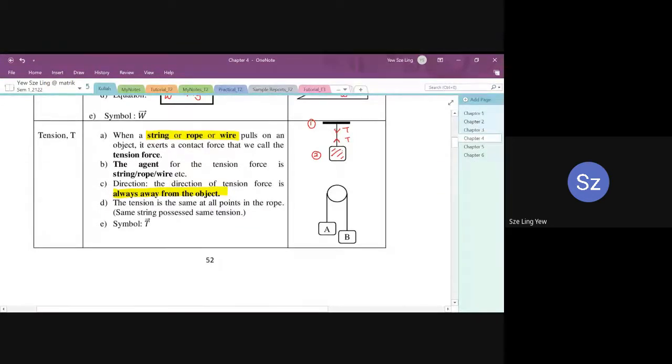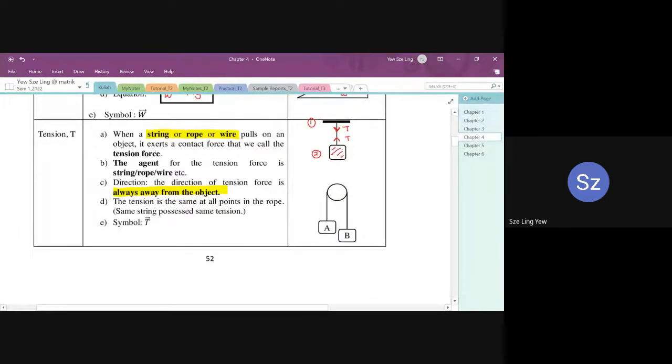So I repeat. First, we have an object. When you hang an object, this object is actually pulling the wall. Therefore, you have a tension coming out from the wall, which is tension number 1 here. This tension number 1 belongs to the wall, because the wall I now call object number 1.